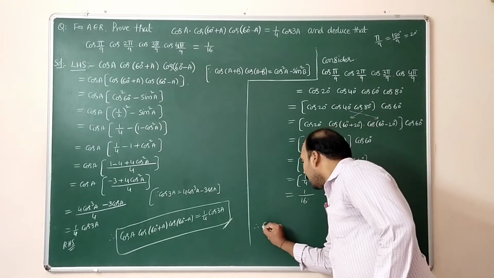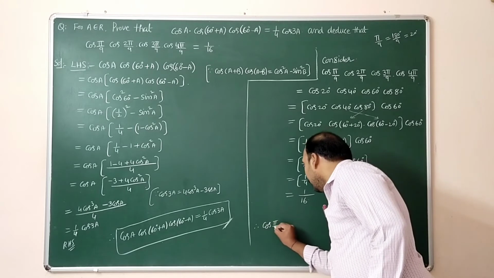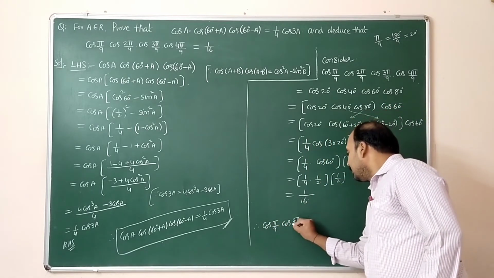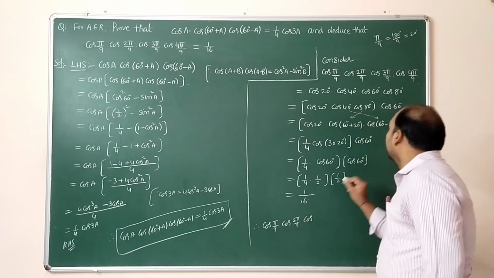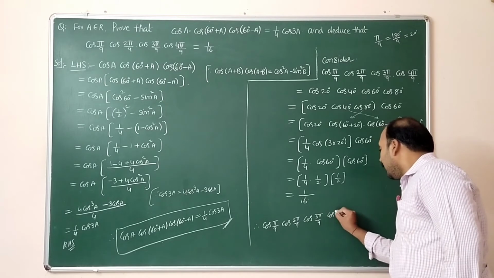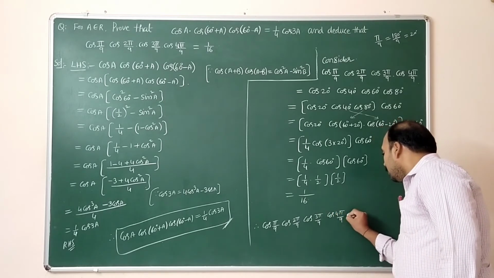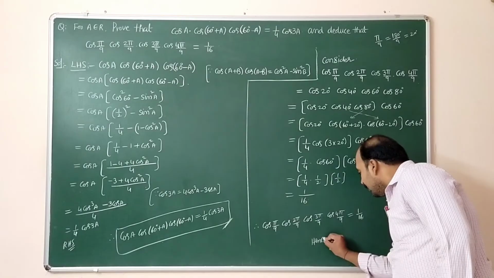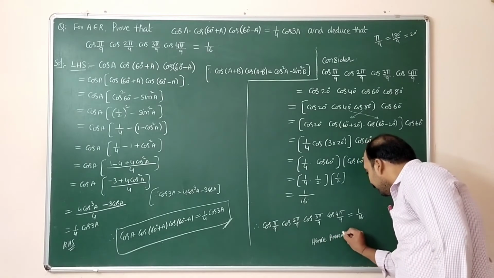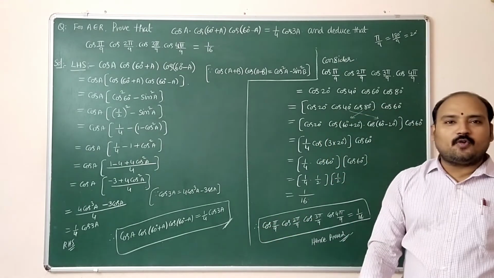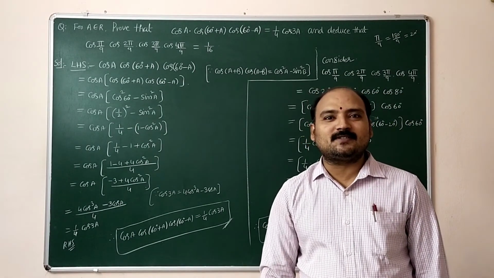Therefore, cos pi by 9, cos 2 pi by 9, cos 3 pi by 9 into cos 4 pi by 9 is equal to 1 by 16. Hence the result, or hence proved. After that, tan also we are going to discuss.